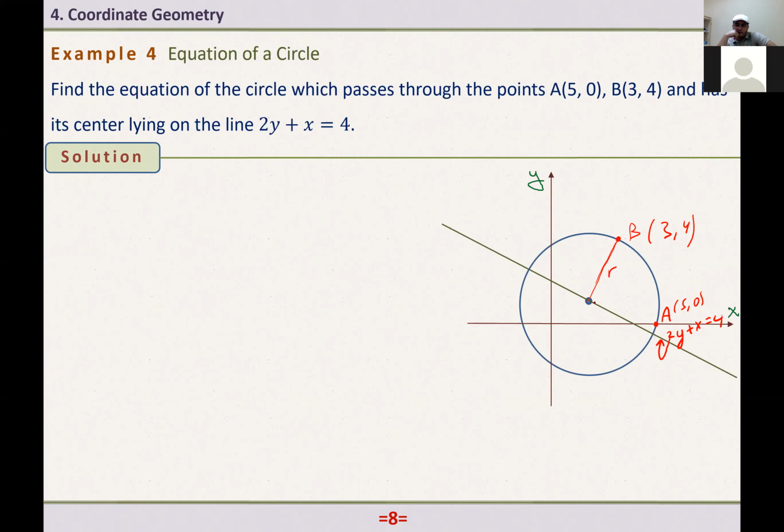Let's say this O. Now, what are the coordinates of O? Center. We don't know that, do we? Yeah, we don't know. That's why we cannot find R from here. But can you also draw another radius that connects O and A?